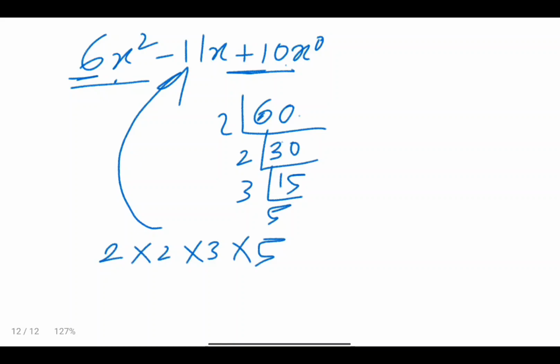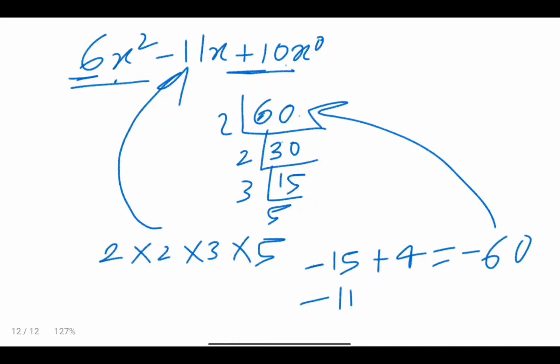For example, one combination is, let's say I'm trying 3 times 5 is 15, minus 15 plus 4. But this doesn't work because when you do this, you literally get minus 11, but the answer to its multiplication is minus 60, but we had positive 60.